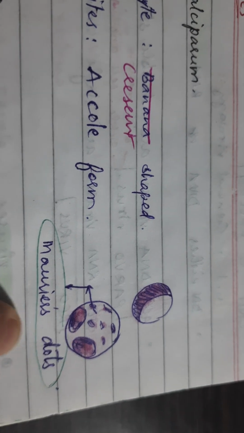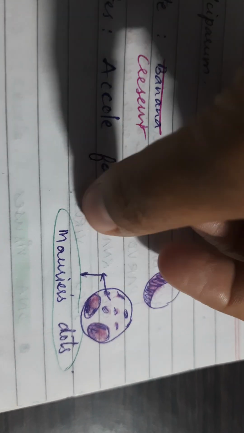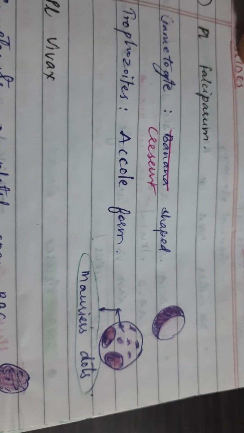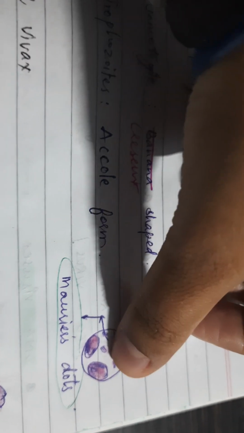It has two eyes and has Maurer's dots. These small dots are called Maurer's dots. In Plasmodium falciparum, we see Maurer's dots.